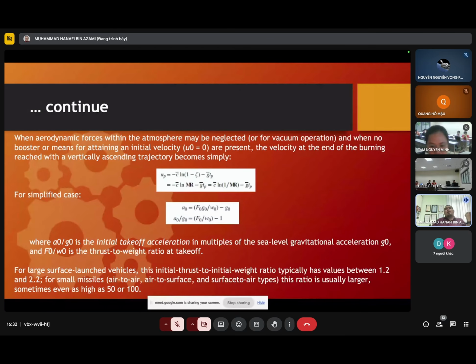So the delta U that you want to achieve, and then from that, after the MECO, you can determine the apogee and the distance it covers. From that, you can also calculate the propellant mass that you can bring, and then you can design the nozzle using the equations in the previous chapter.